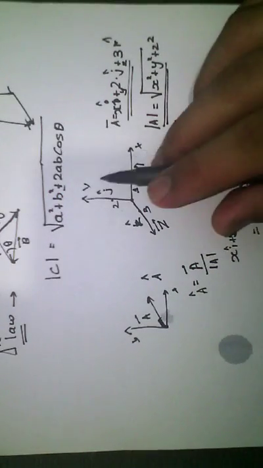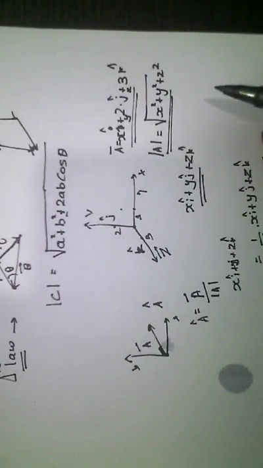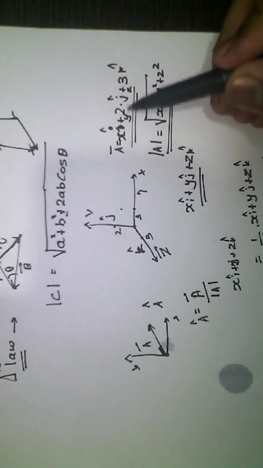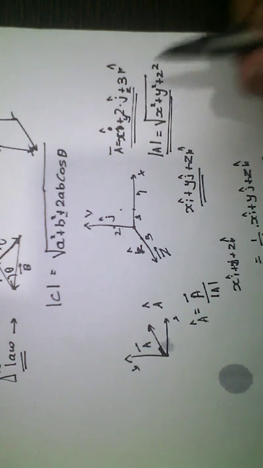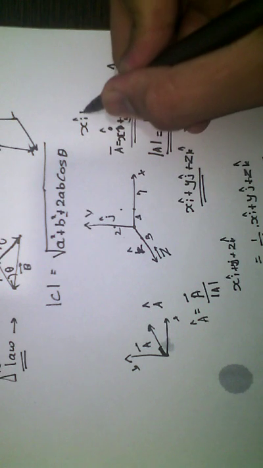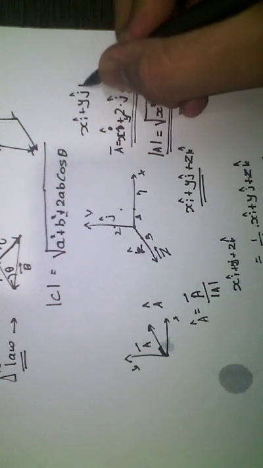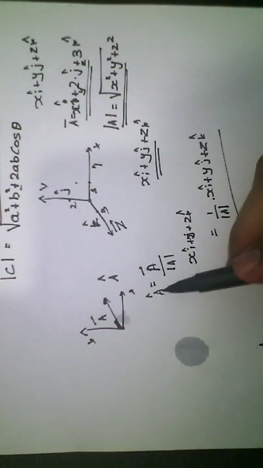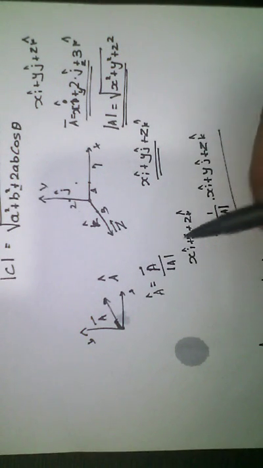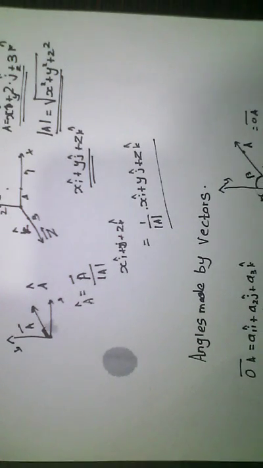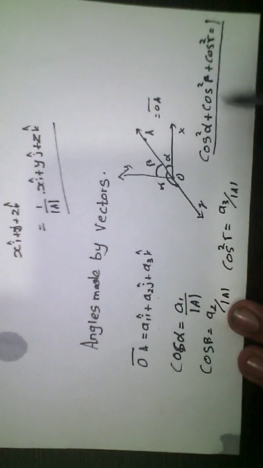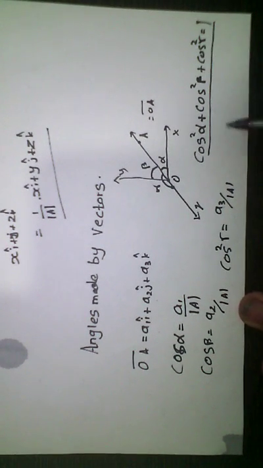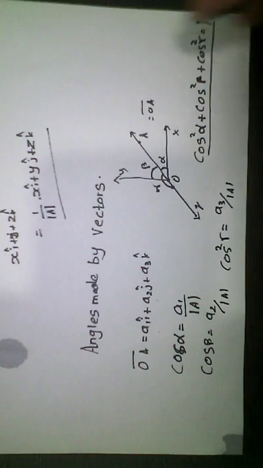And a vector has x-axis, y-axis and z-axis, for the beginners, represented as xi cap plus yj cap plus zk cap. Any unit vector can be represented as a bar upon mod of a. And for the angles made by the vector, if alpha with x, beta with y and gamma with z, then remember cos square alpha plus cos square beta plus cos square gamma is always unity.